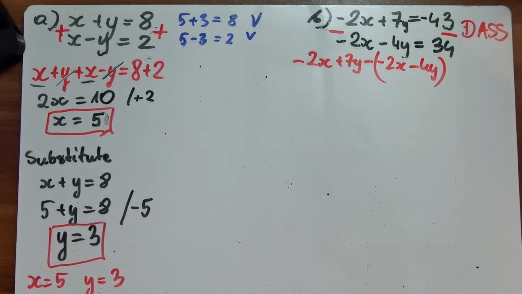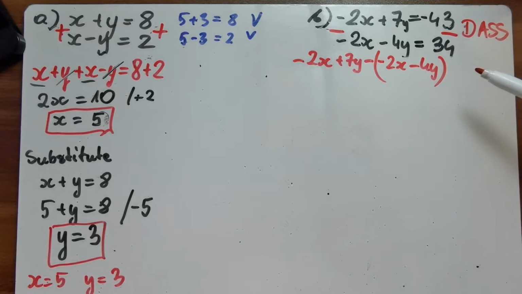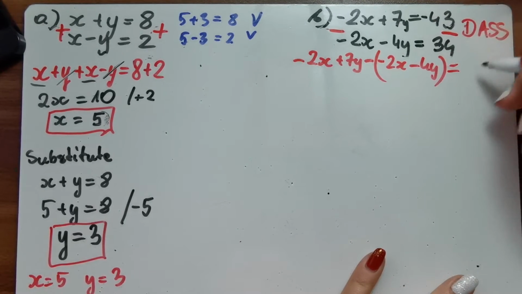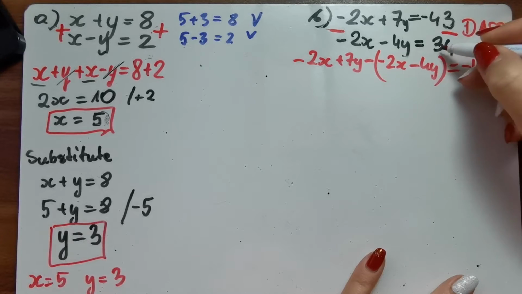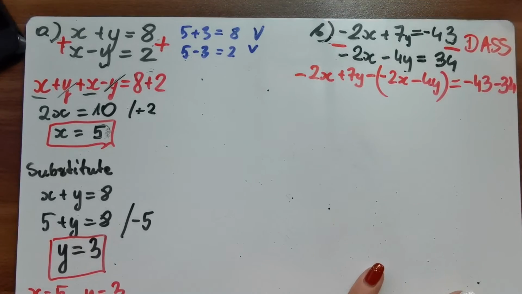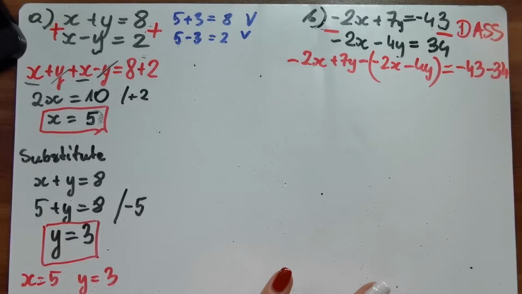The easiest way not to make a mistake with signs when I'm subtracting is just to use brackets, and then we'll get rid of the brackets, of course. And the right side: negative 43 take away 34. Okay, so I need to collect like terms and simplify the expressions.